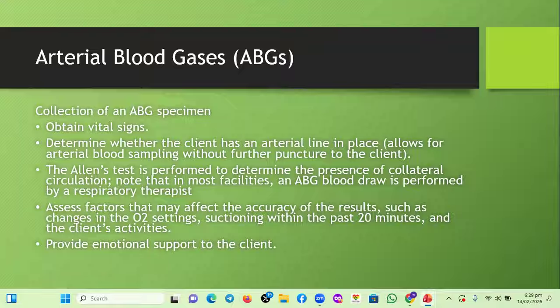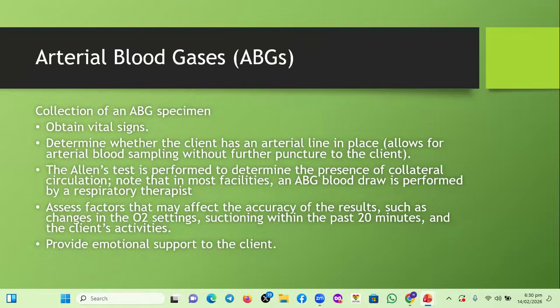Then determine whether the client has an arterial line in place, which allows for an arterial blood sample without further puncturing. If the client has an arterial line in place, you can use it for your sample. If the client does not have one, then you might have to place an arterial line or do your puncturing for the sample.